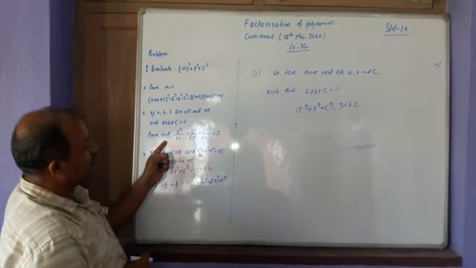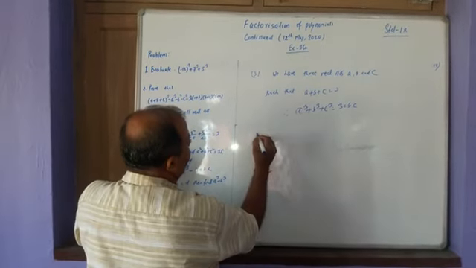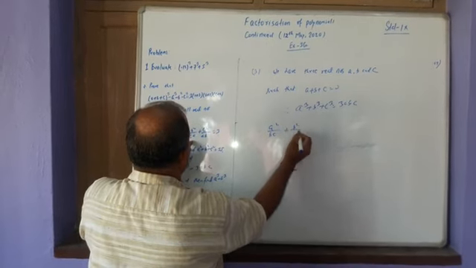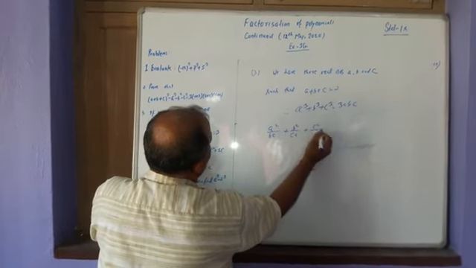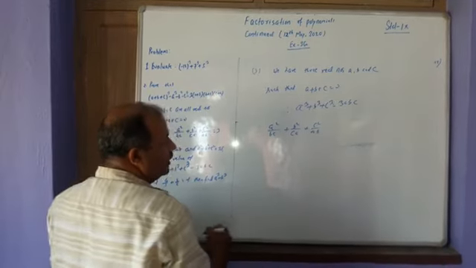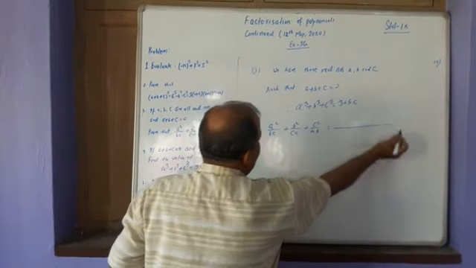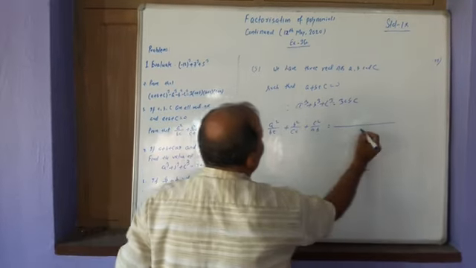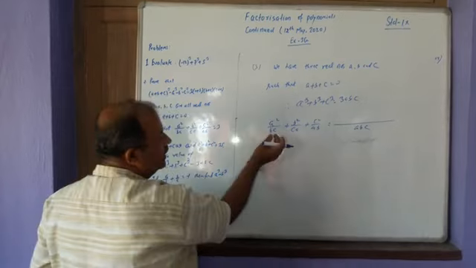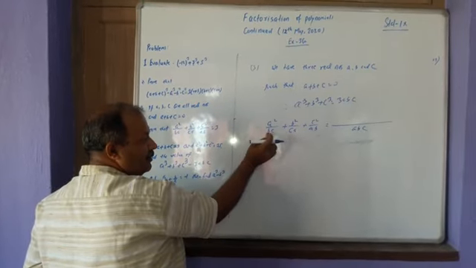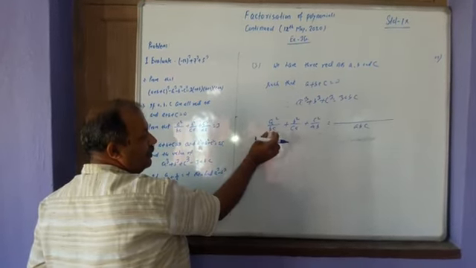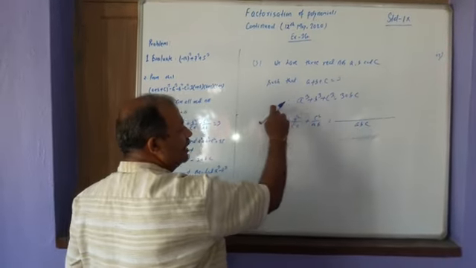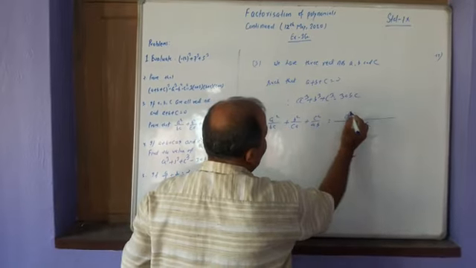Now we come to prove the LHS. Therefore A square by BC, B square by CA plus C square by AB. On taking LCM of these denominators, BC, CA and AB, we find it is ABC. Here it is BC, there is no presence of A, therefore on dividing ABC by BC we get A. And A will be multiplied by A square, this will give A cube.